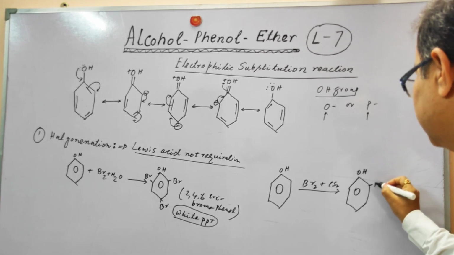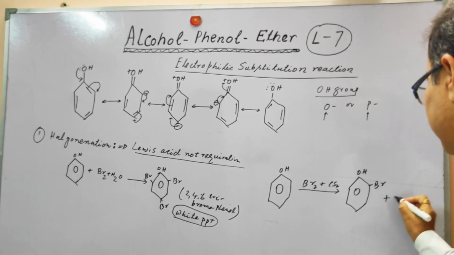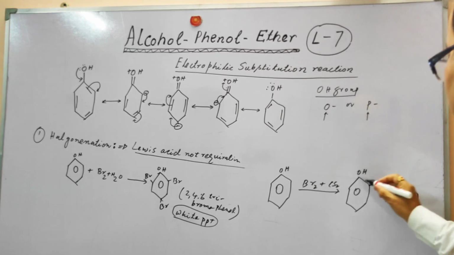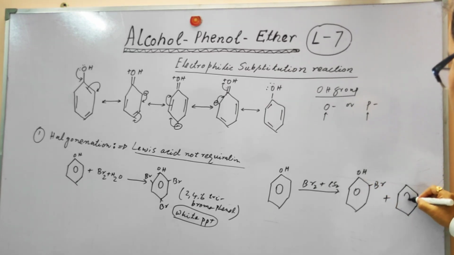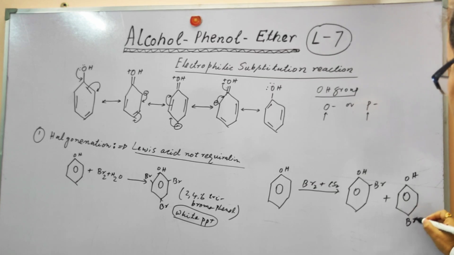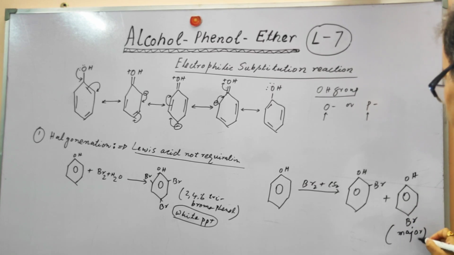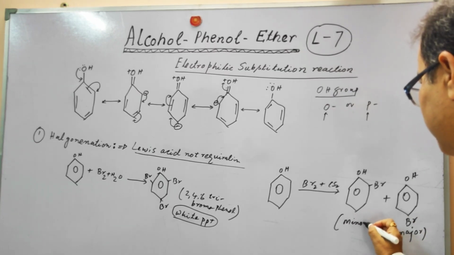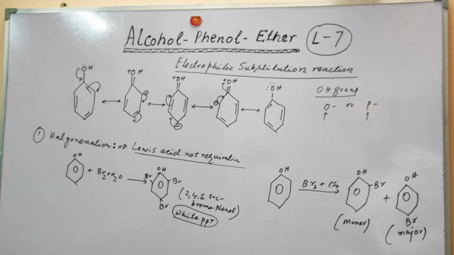We will find a mixture of products: one is orthobromophenol and the other is parabromophenol. In this mixture, parabromophenol is the major product, whereas orthobromophenol is the minor product.